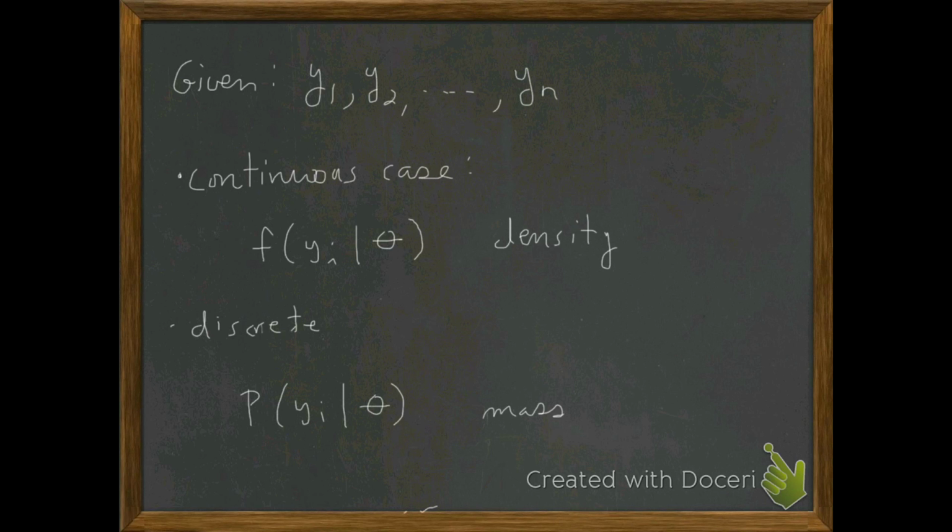Now, we're going to assume that we have independence. And we're also going to assume that we have what's called IID. This is called independent and identically distributed.